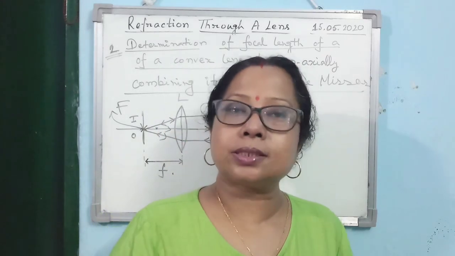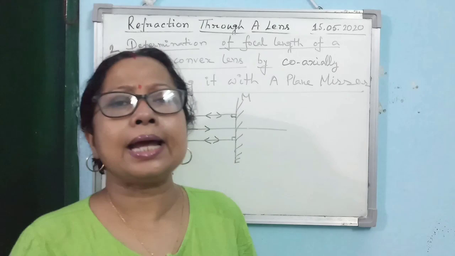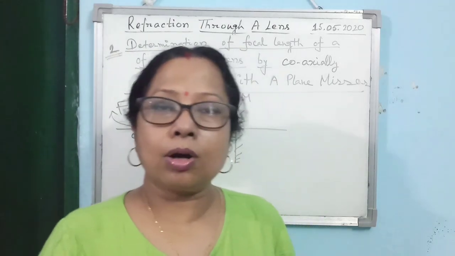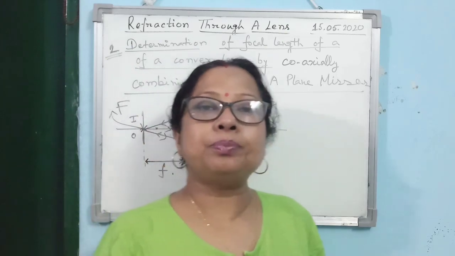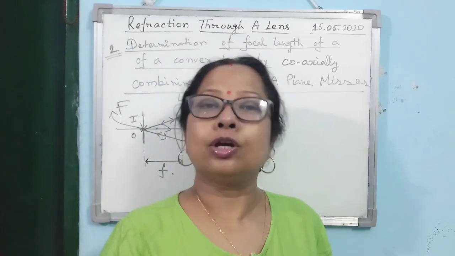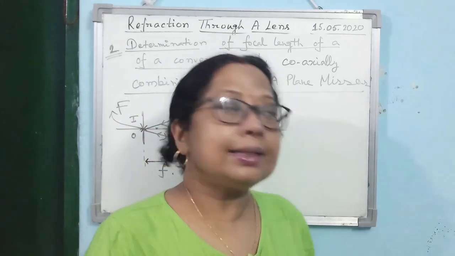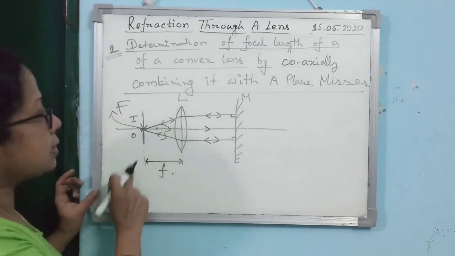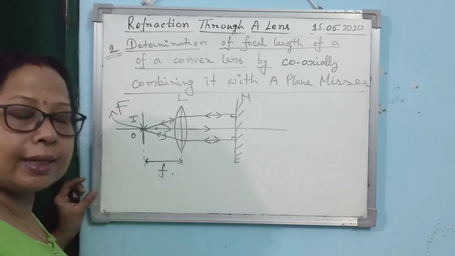What should be your answer? Object and image both are situated at focus. Is that clear? Then next, what is focal length? Focal length is the distance between the object and the lens.